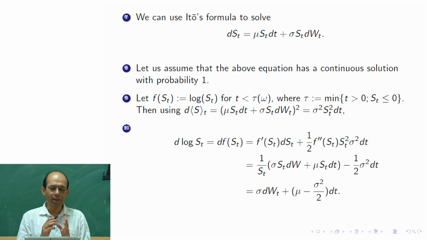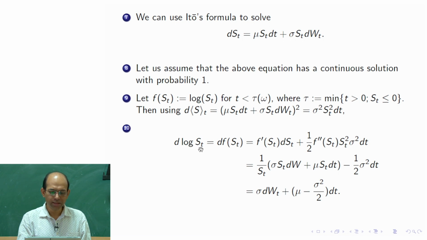You remember that for applying Ito's formula to a function of a process, I need the quadratic variation of that process. So far I just knew the quadratic variation of Brownian motion, but using that product table I now write down the quadratic variation of st. We are going to now use Ito's formula here.